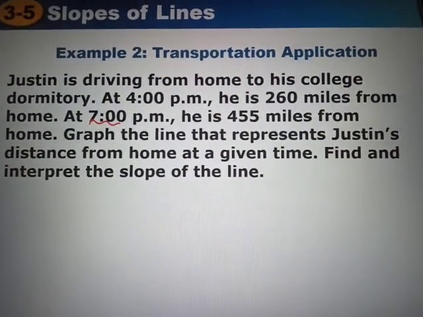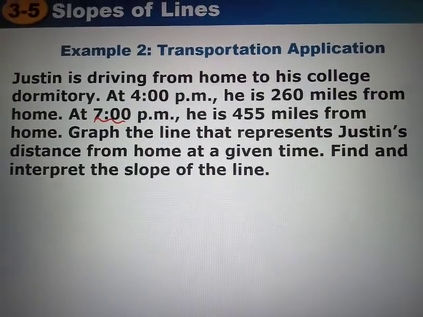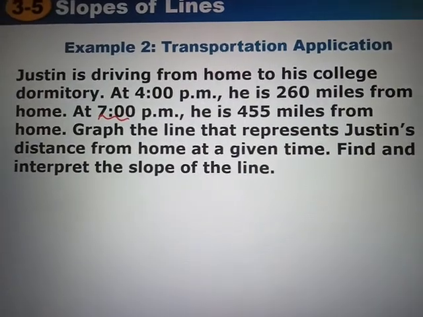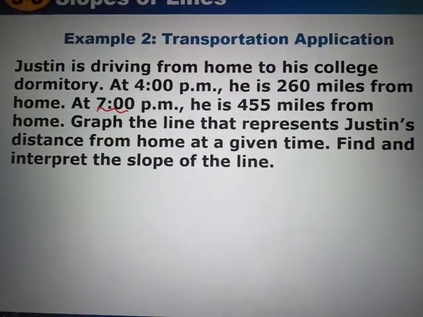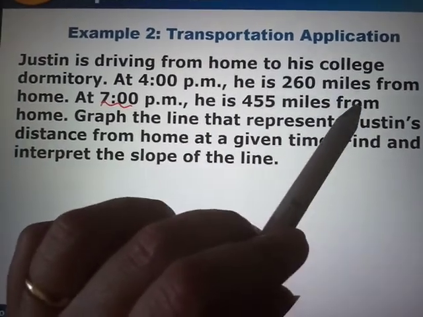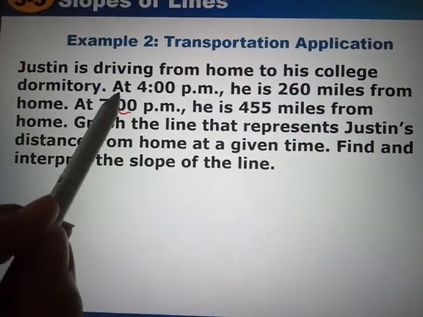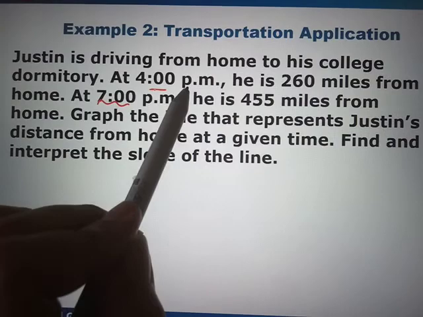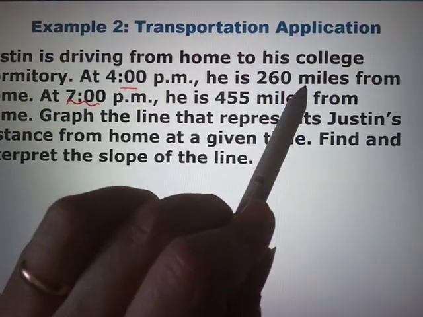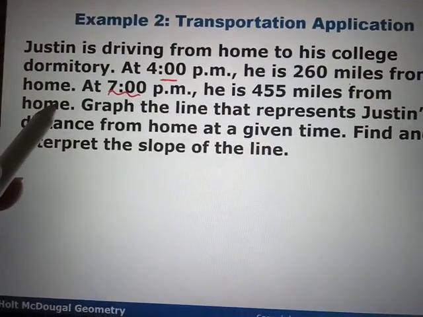Example: how can we get the slope if we have a word problem? Justin is driving from home to his college dormitory. At 4 p.m. he is 260 miles from home.